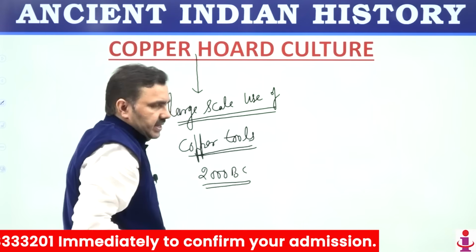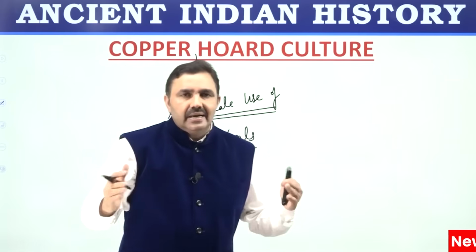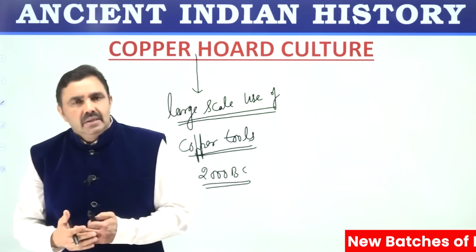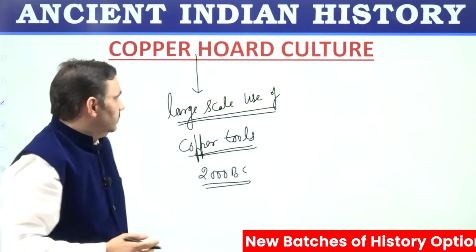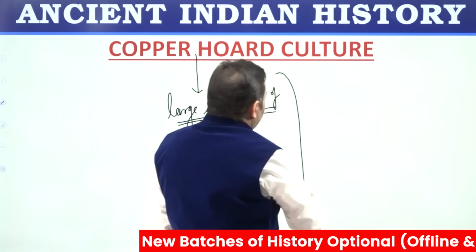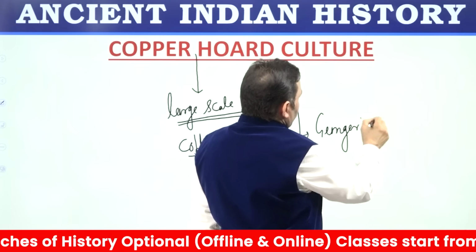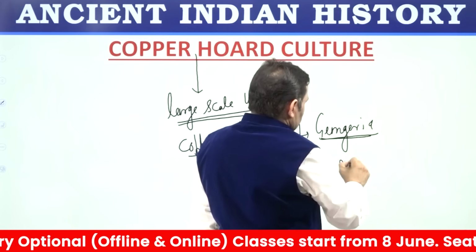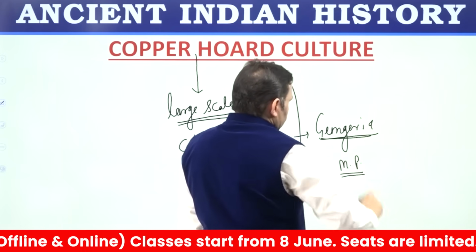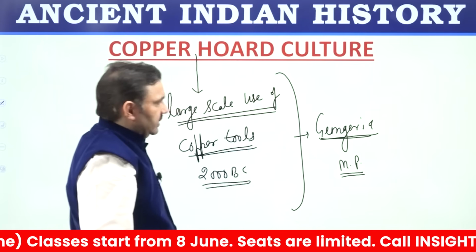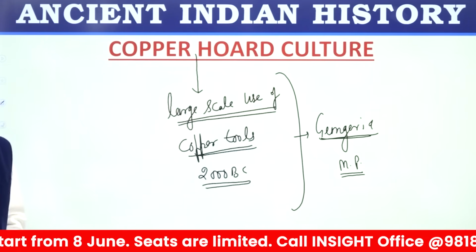In some areas of India, the use of stone tools had largely been abandoned. So they used copper tools. Gungeria in MP is one of the very prominent places where we have discovered evidence of this culture, large scale copper items. Important place you should remember.